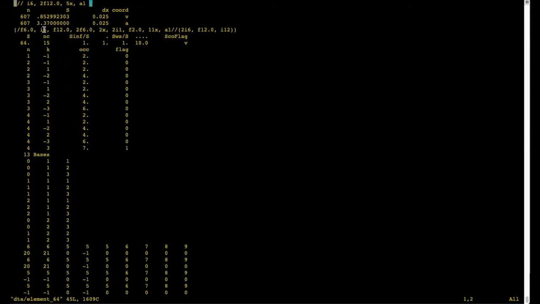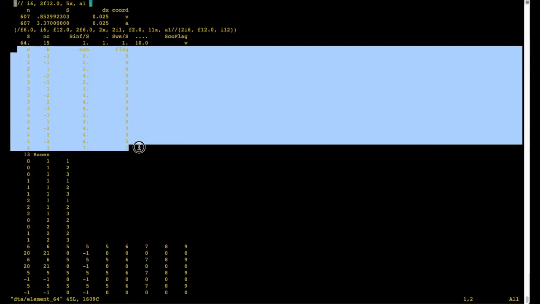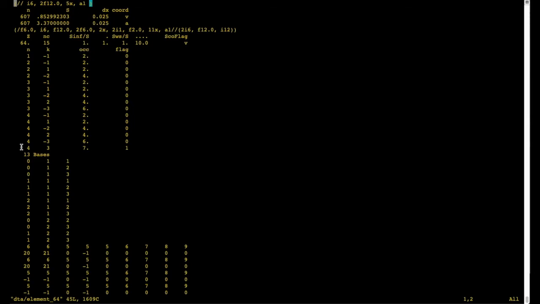And in the element file, we also did certain modifications. We added 4f electrons in the core. So here we are, 4f, and there are 7 of them. And in order to make them spin polarized, we set this flag to 1. And that's the only difference it makes.